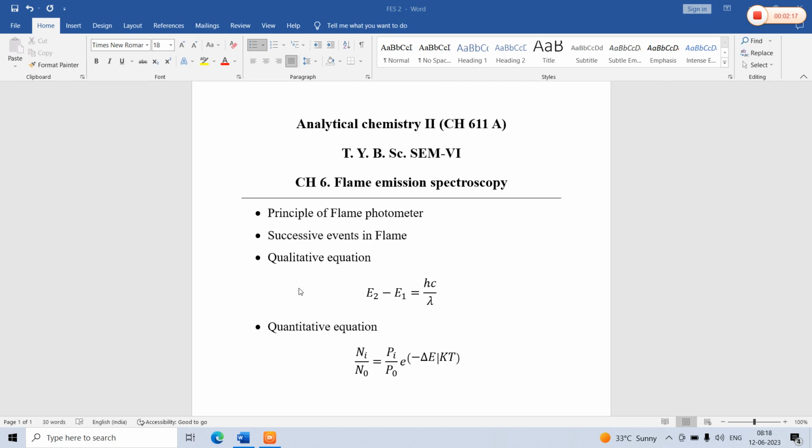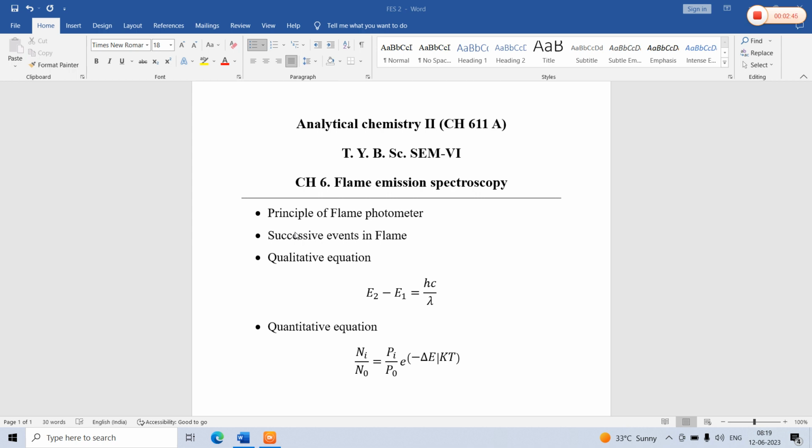The second is the dry salt is vaporized or converted into gaseous state. The third part is a part of, or all the gaseous molecules are progressively dissociated to give free neutral atoms or radicals.